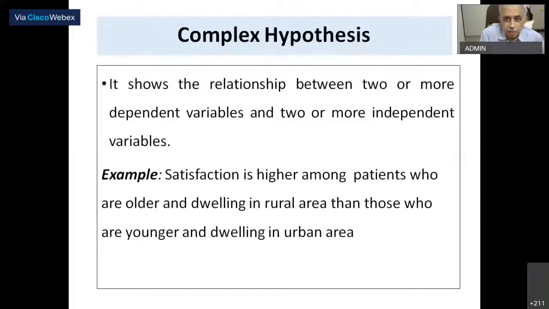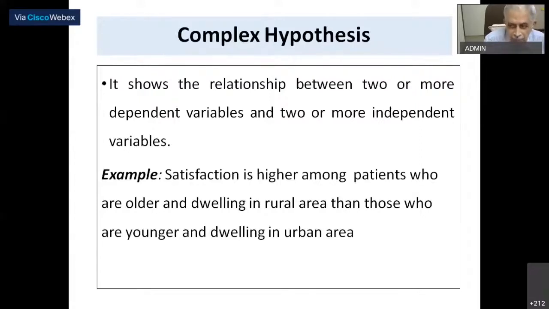Sometimes your hypothesis may be complex when you have more than one variable on either side, two or more dependent or independent variables. You want to look at the relation, then it's called a complex hypothesis. Like satisfaction is higher among patients who are older and dwelling in rural areas. So on one side you have patients who are older, who are coming from the rural area, than those who are younger and living in the urban dwelling area.